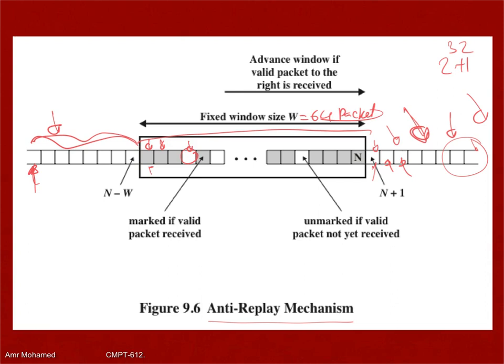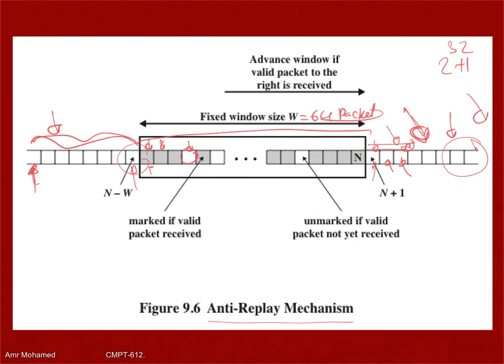So if I decide to slide the window here, for example, and then I receive a packet here, and this packet is marked as not received, I will still discard it. I will not check whether it's received or not. I will discard it regardless. Why? What if it's a legit packet?